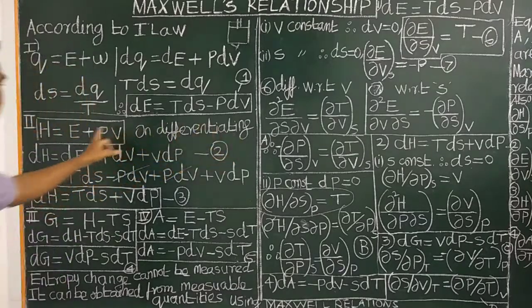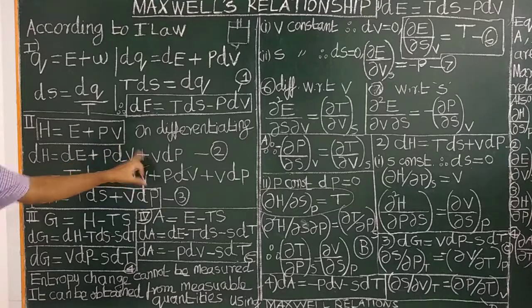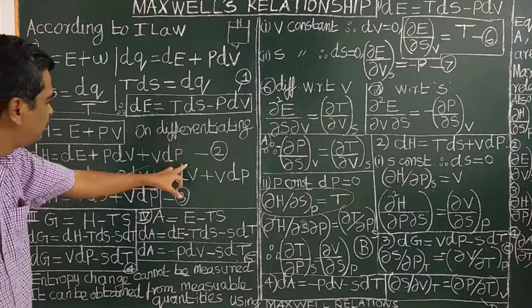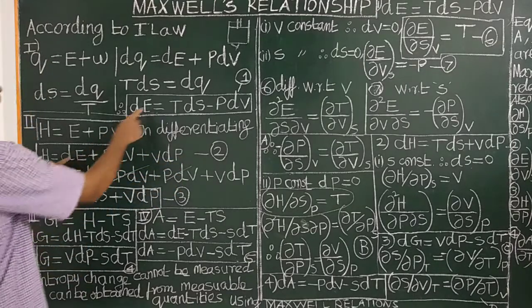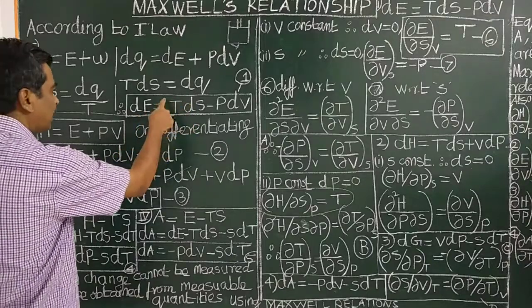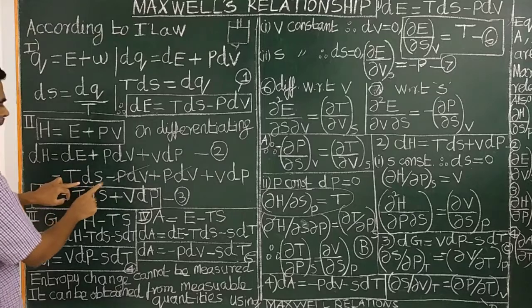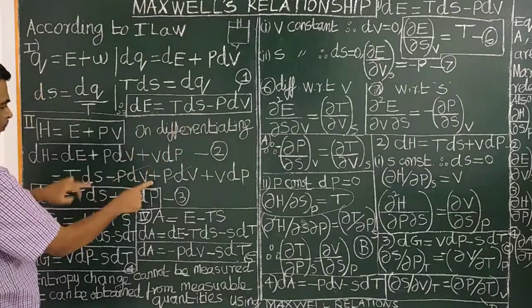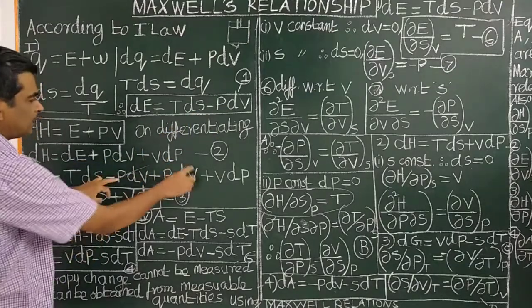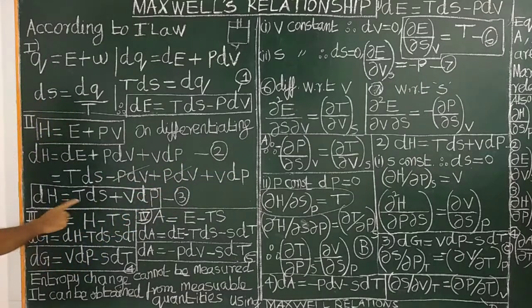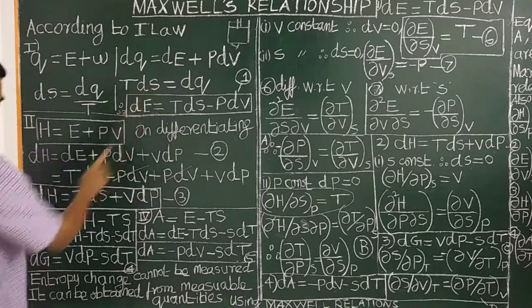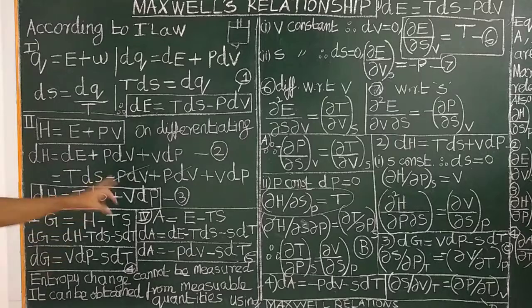On differentiating this equation, dH equal to dE plus PdV plus VdP, applying the UV formula: first P constant, differentiate V, then V constant, differentiate P. Next, you have already derived dE. Substitute in this expression dE equal to TdS minus PdV. Therefore, the PdV terms cancel, giving dH equal to TdS plus VdP. Now we have derived dE and dH. These are very important expressions.